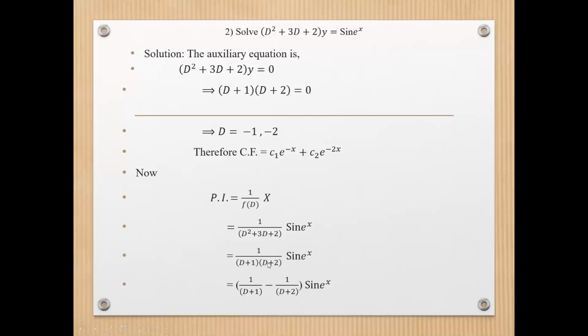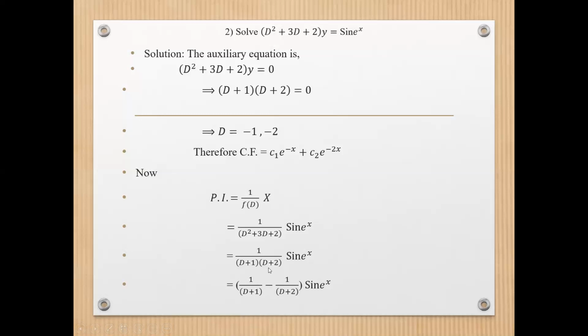These two roots D plus 1 and D plus 2 are both linear factors, so 1 upon D plus 1 and D plus 2 can be written as A upon D plus 1 plus B upon D plus 2. Finding the values of A and B, we get A as 1, B as minus 1. So this can be written as 1 upon D plus 1 minus 1 upon D plus 2.